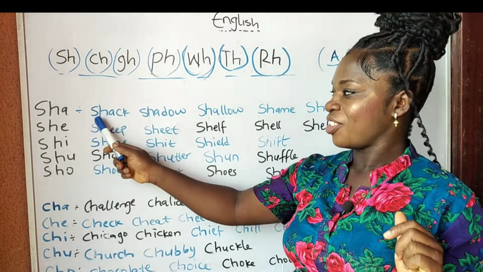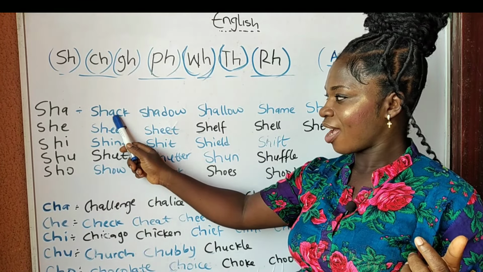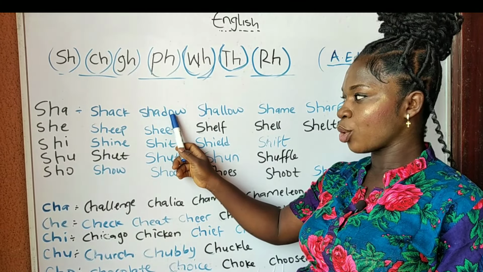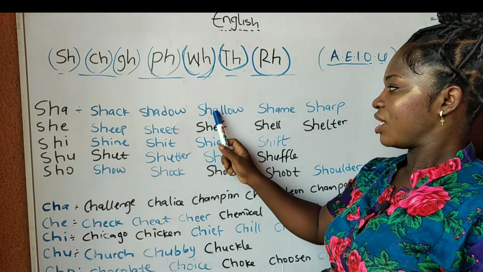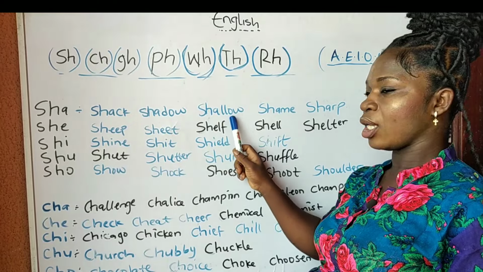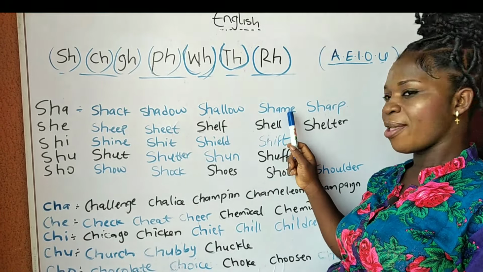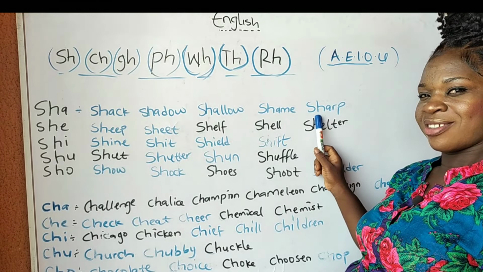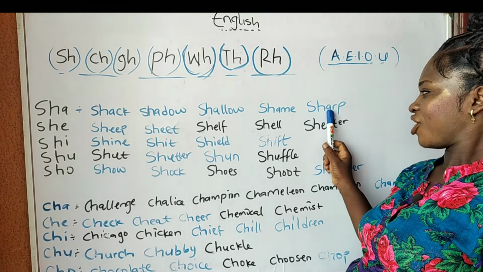We have shack, shadow, shallow, shame, sharp.